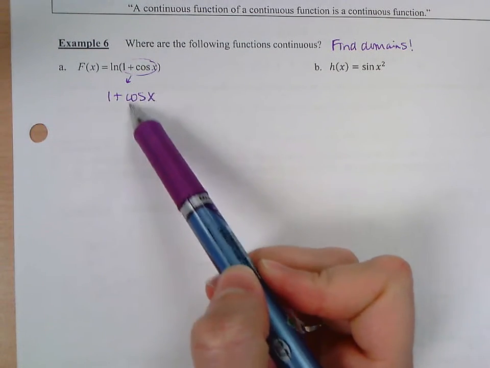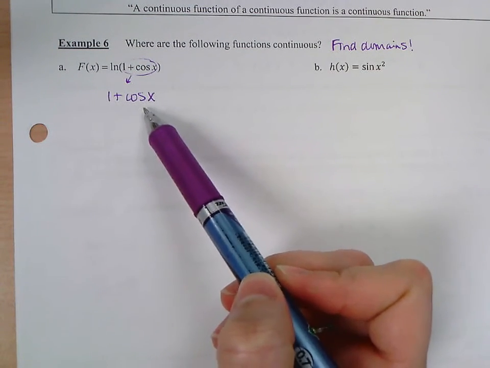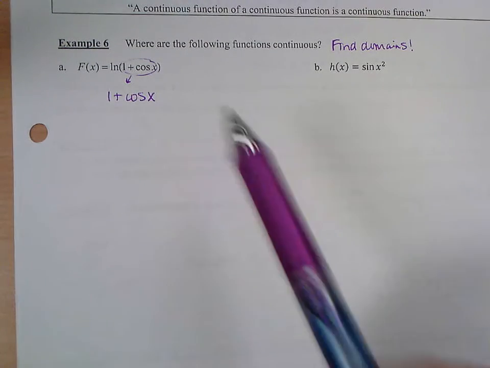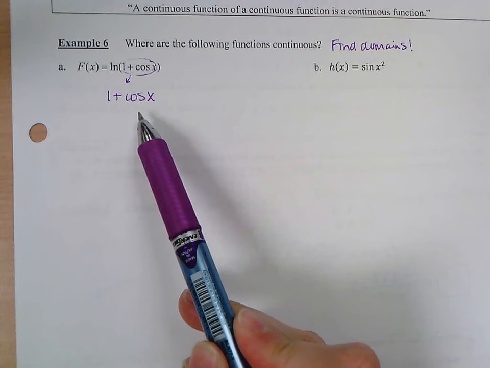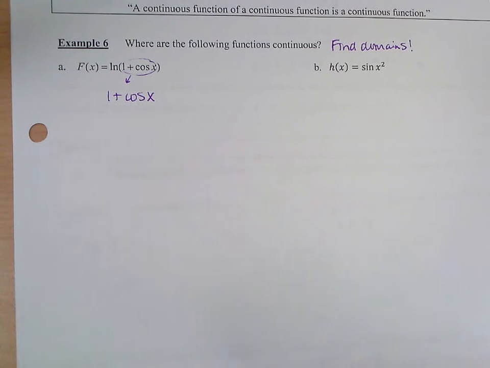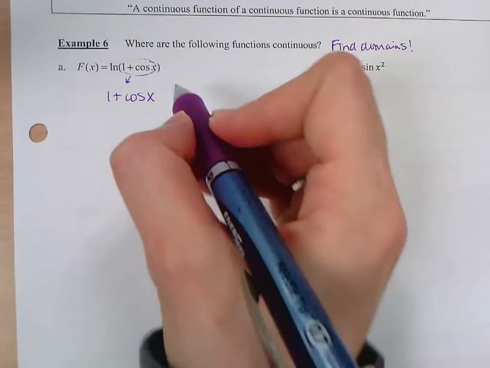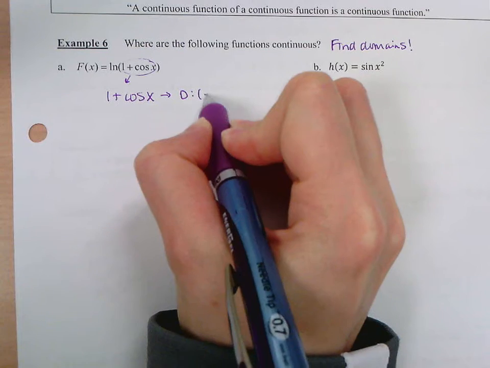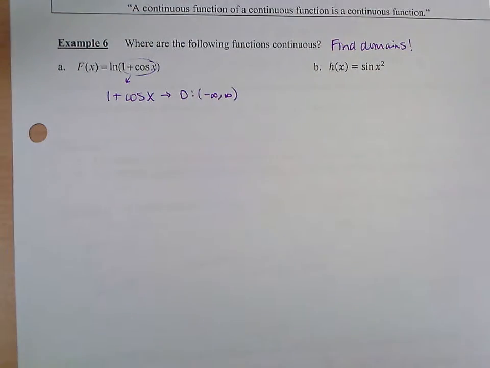Wherever cosine of x plus 1 is continuous, the domain would be wherever cosine of x's domain is. What's the domain of cosine? All real numbers. So cosine of x plus 1 still has a domain of all real numbers. So this domain is negative to positive infinity.